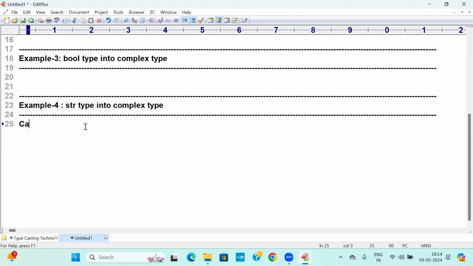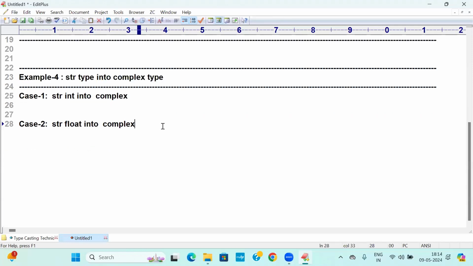Under that str, some cases are there, students. Case 1 is str into complex type. I'll take one more. Case 2 is str float into complex type. Case 3 is str bool into complex type.